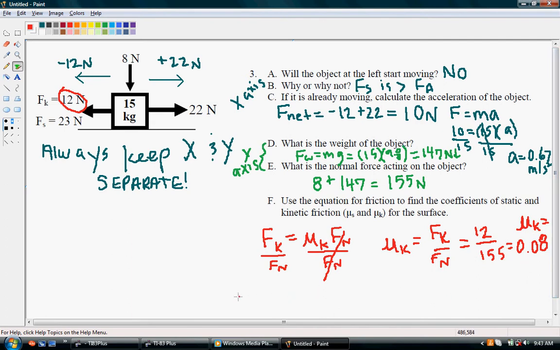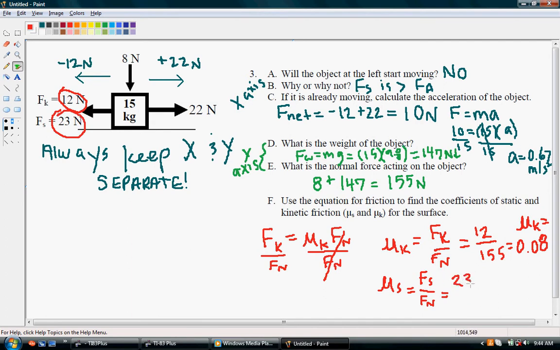kinetic friction coefficient. Now, just like mu k equals the kinetic frictional force over the normal force, our mu s, the friction coefficient for static friction, is going to be the static force over the normal force. We know that our static frictional force is 23 newtons.